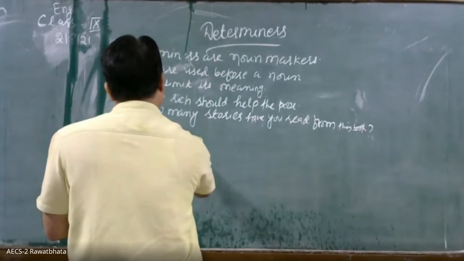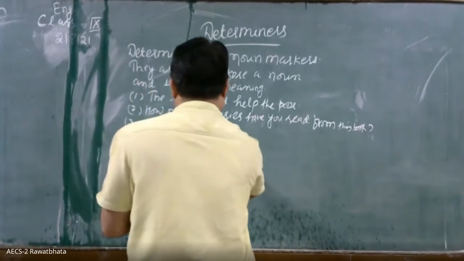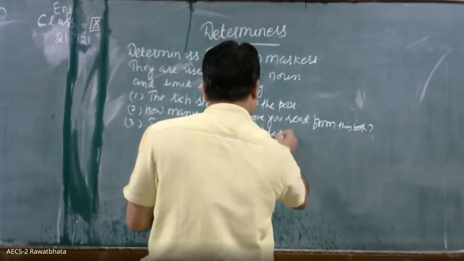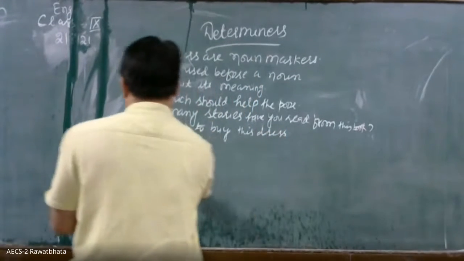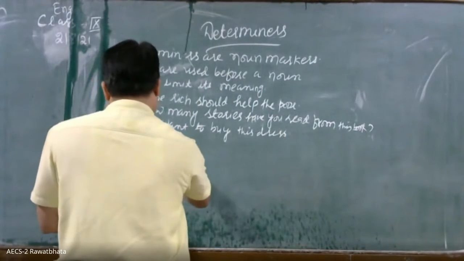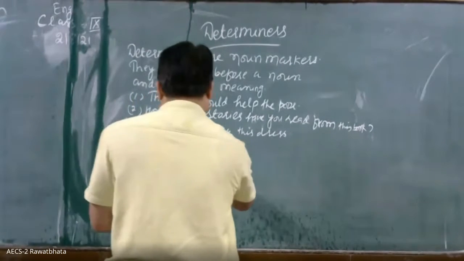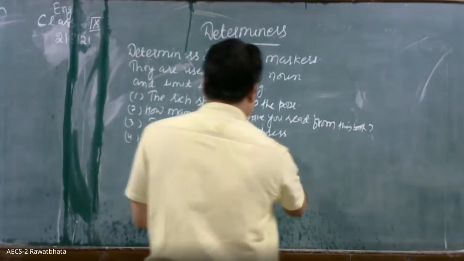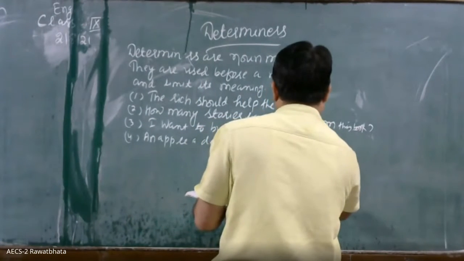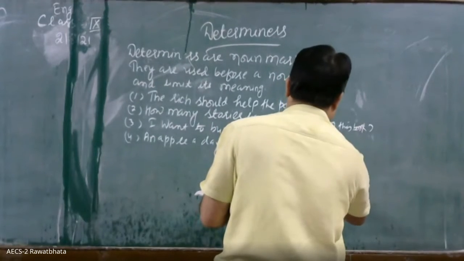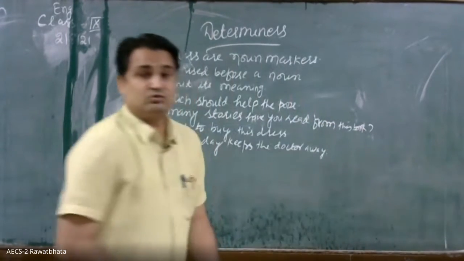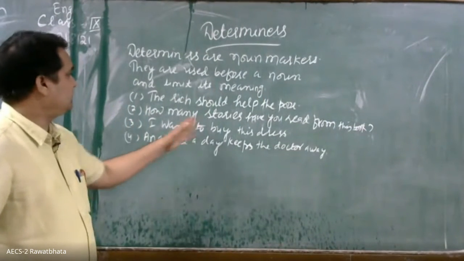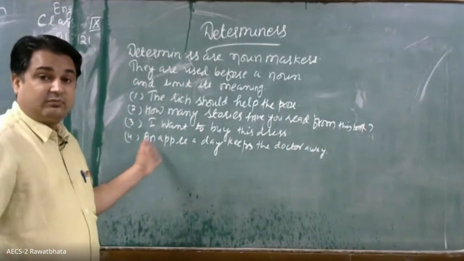I want to buy this dress. An apple a day keeps the doctor away. All these are the examples of determiners.